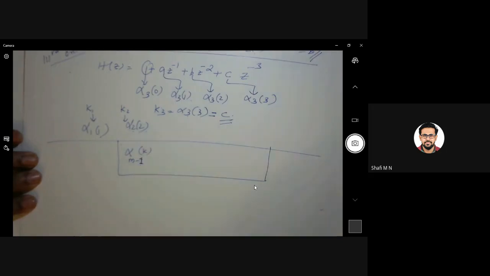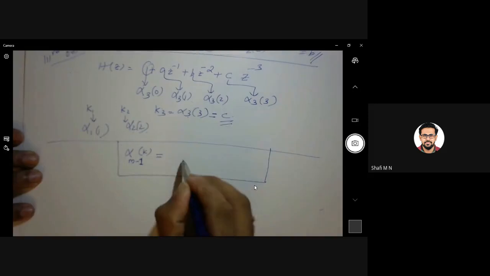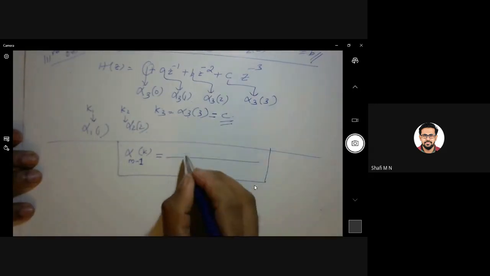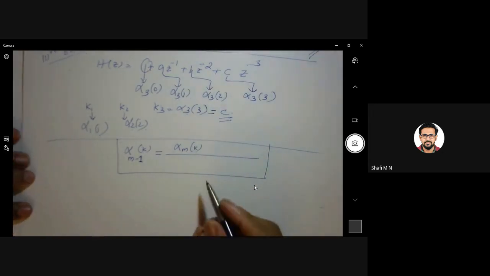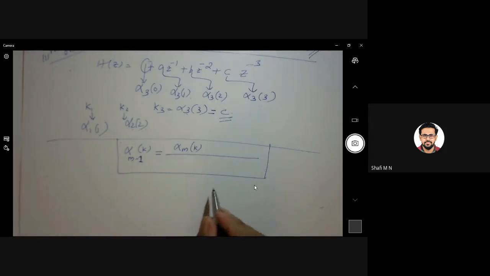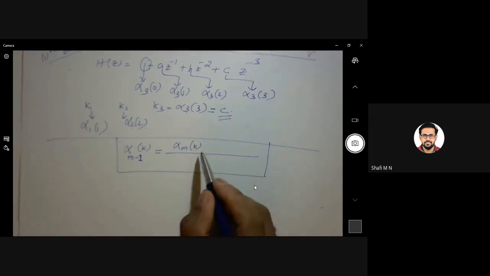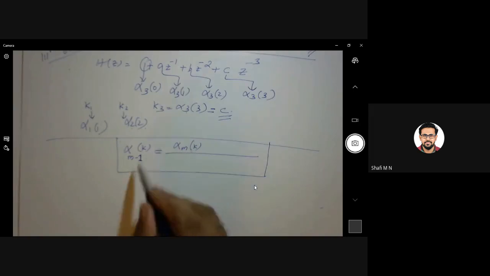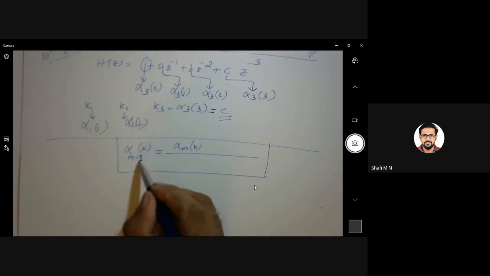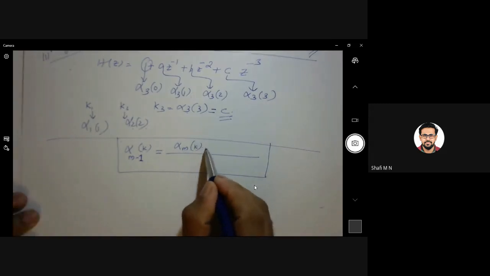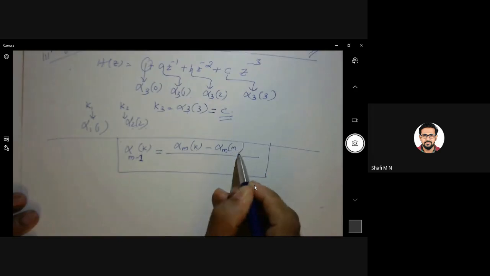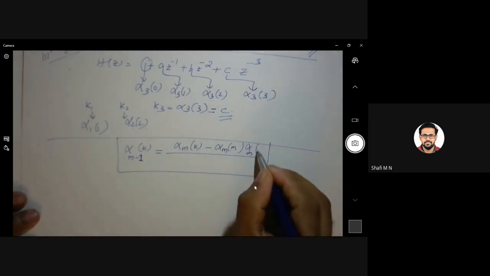Alpha m minus 1 of k is equal to, in the numerator, alpha m of k minus alpha m of m into alpha m of m minus k.